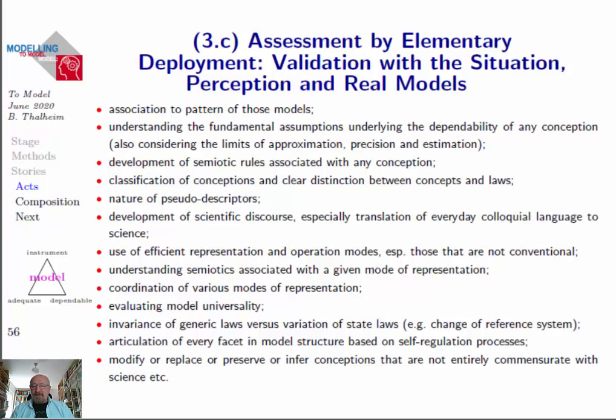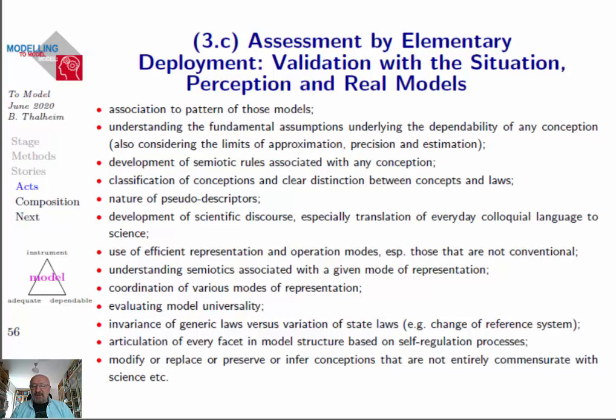Elementary deployment means nothing else than we are considering the most essential elementary cases and the most difficult boundary cases. So in this case we validate with our origin, our domain situation or situation in general, with our perception real models.